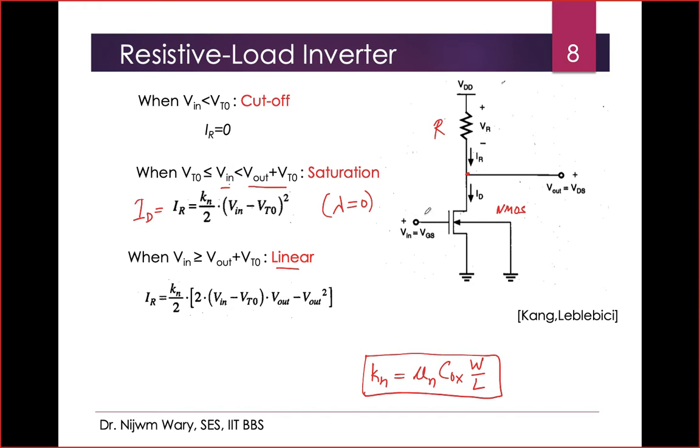Whenever this input is higher than the output by the threshold voltage, this MOSFET will be in the linear region, and then I can get my current ID through this NMOS, which is also equal to the current through this resistance, and it will be given by the linear region equation of the MOSFET.